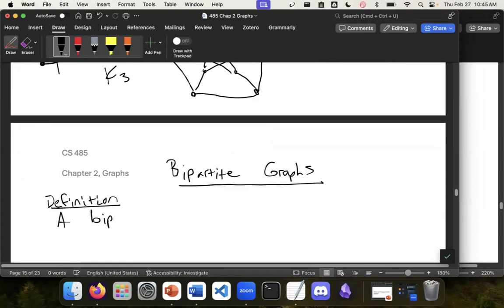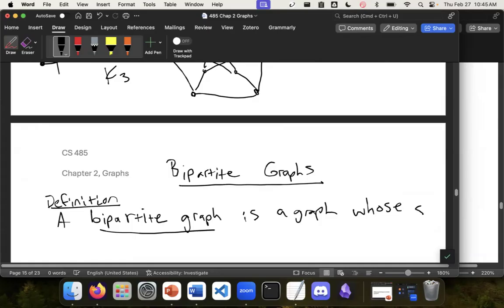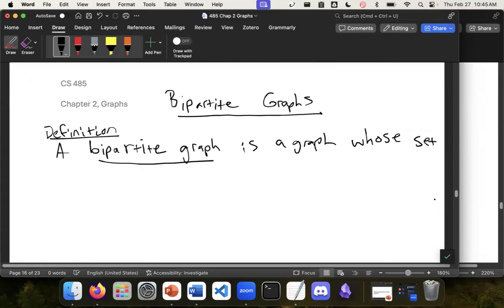So a bipartite graph is a graph whose set of vertices can be split into 2 subsets.